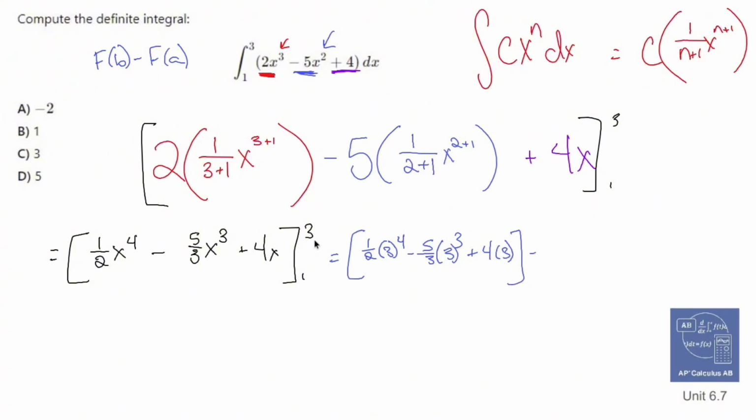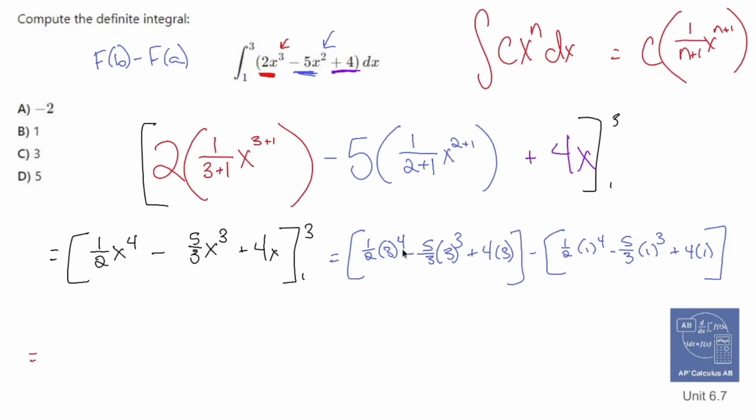Then we're going to do the same thing, minus, plug in 1. So 1/2 times 1 to the 4th, minus 5/3 times 1 to the 3rd, plus 4 times 1.